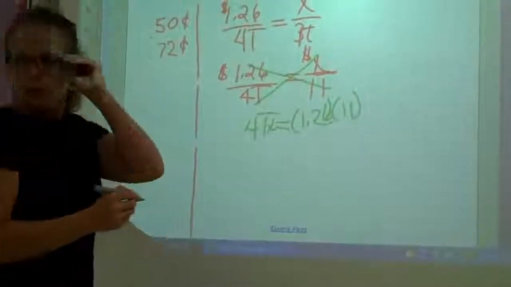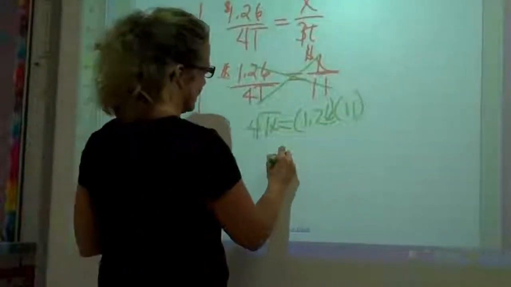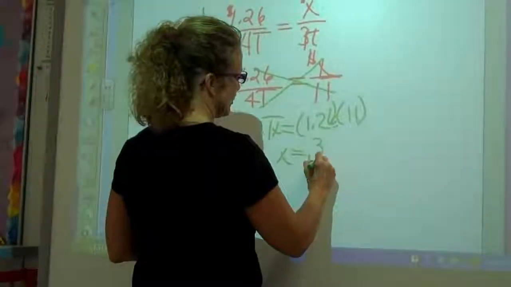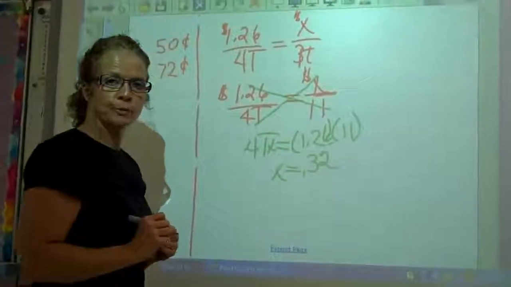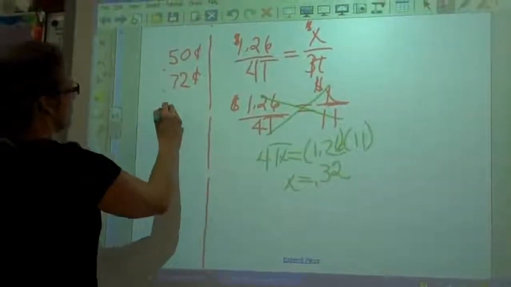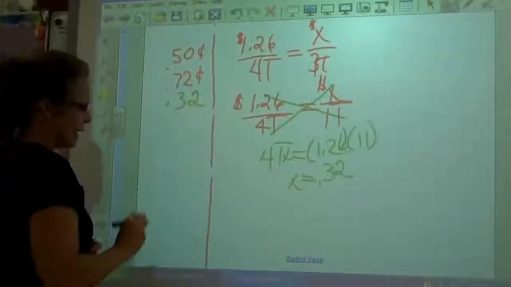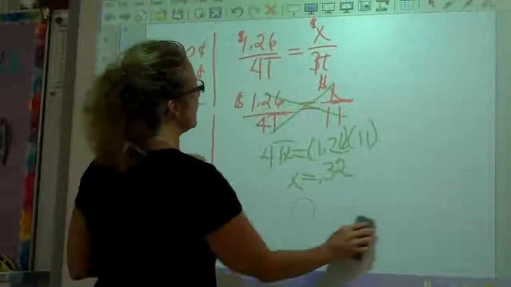And then your answer comes out to 32 cents. x equals 32 cents. So that is your price for cinnamon. So we will add that to our list over here, and then we will move on to the next ingredient.